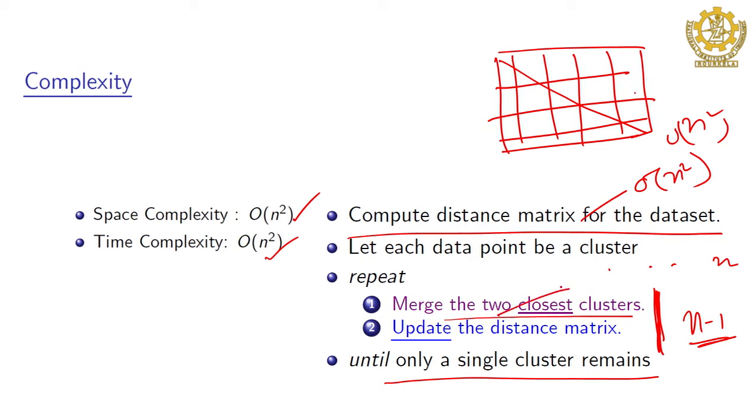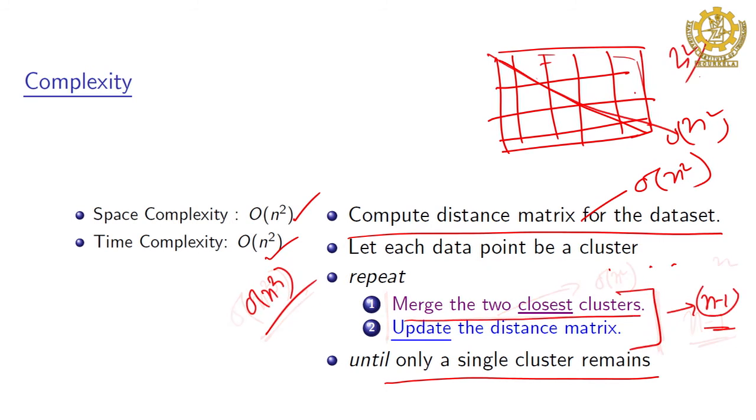So, this step itself will take order of n square time, and then you have to update the distance matrix. Updating the distance matrix can again take at most order of n square time, and this has to be done n times. Therefore, the complexity will be order of n cube if you do not use any other data structure. Here we say the time complexity is order of n square. How do you reach the time complexity of order of n square?